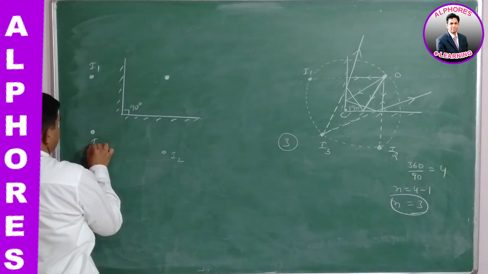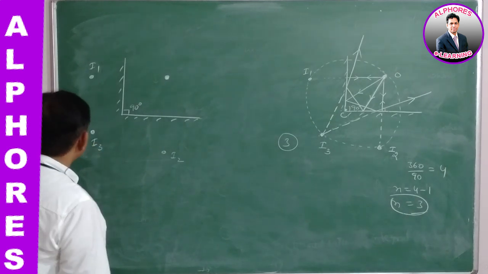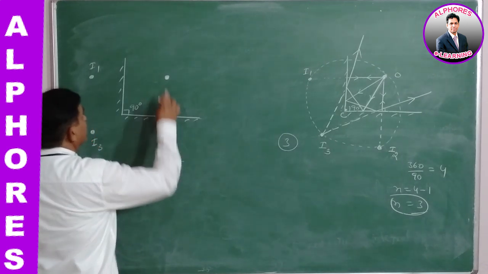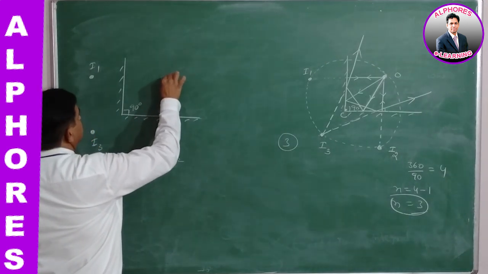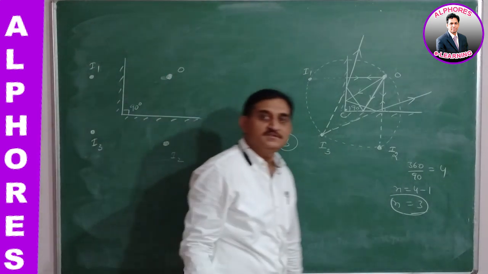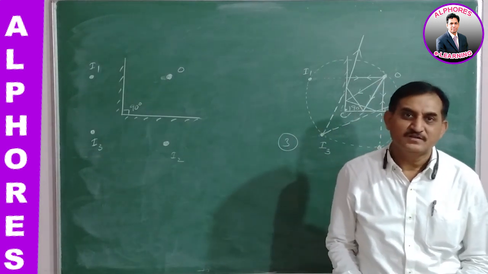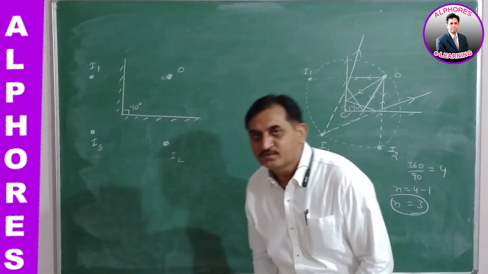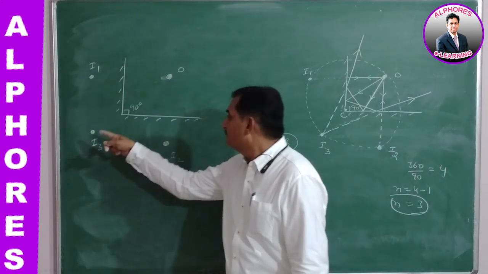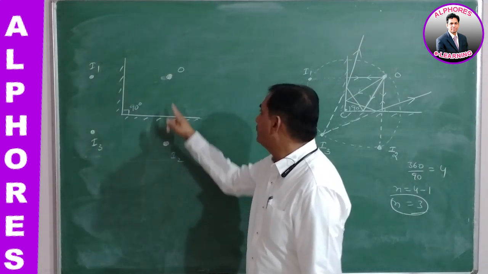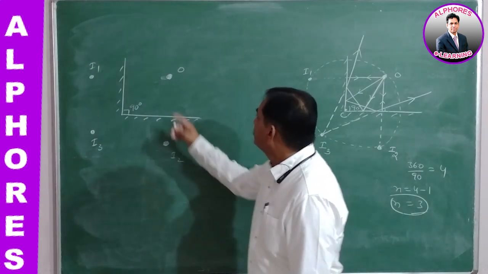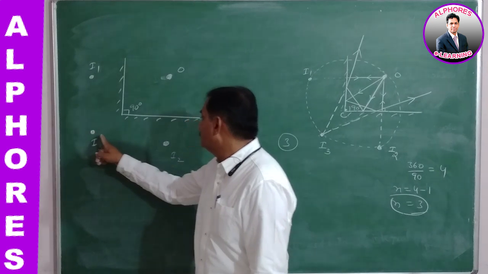Three images including the object, as a whole four will form on the roof. On the roof, four images, these three images and including this one. See once again: 1, 2, 3 and 4.